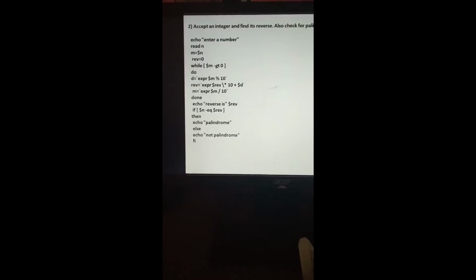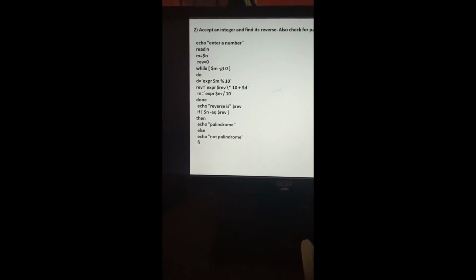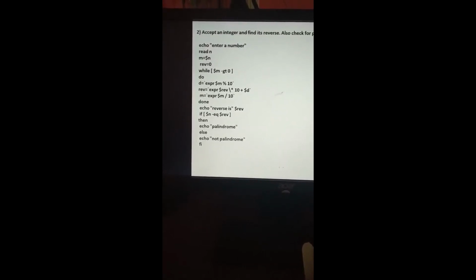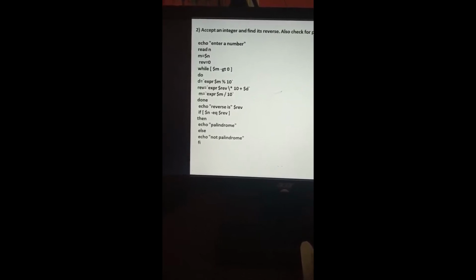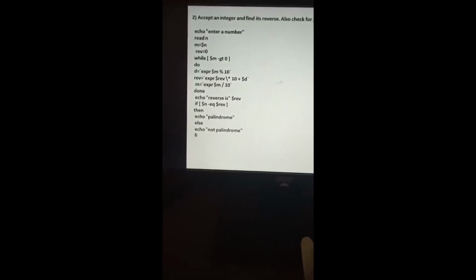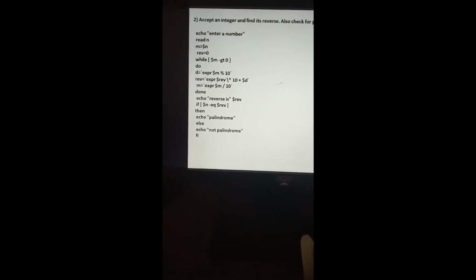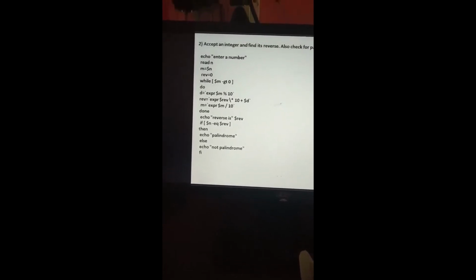Next, check the condition: while [ $m -gt 0 ], that is greater than 0. Do, next we compute the reverse. End of the while loop. Echo reverse is, displaying the reverse. Next we check whether it is a palindrome or not: if $n is equal to $reverse, then echo palindrome, else not palindrome. End of the if, that is fi.